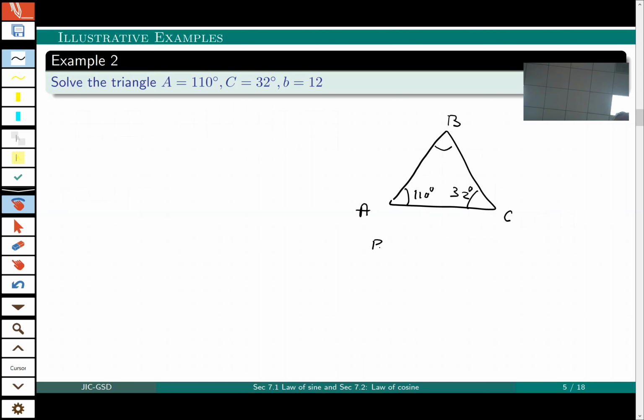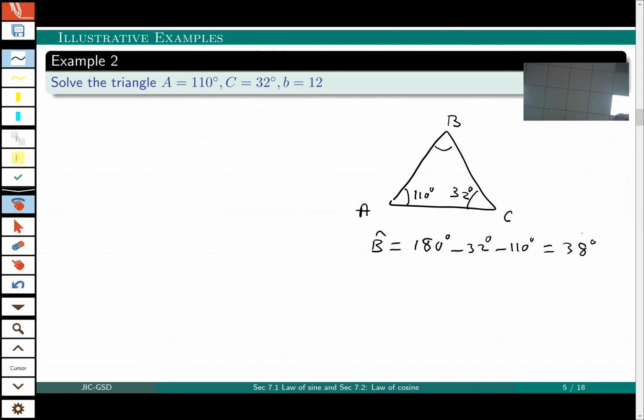The angle B, as we said, will be 180 minus 32 minus 110. So 180 minus 32, sorry, minus 110 will equal 38 degrees.